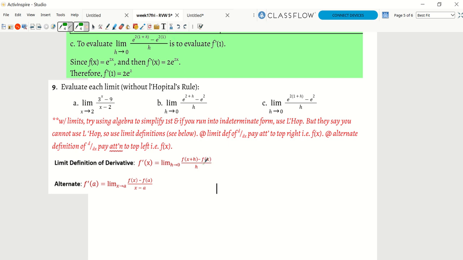you can look, so again, this is because you see an H, you're going to use the limit definition of a derivative. Okay, we're going to pay attention to the top right. And you can conceptualize this. It used to be an X, but then they put a 1. Okay, so your original function is e to the power of 2x.